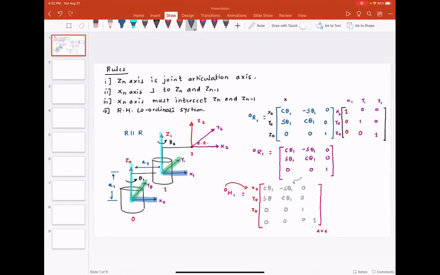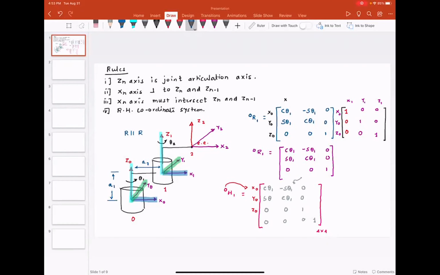Everyone understood this? Clearly, if I want to travel from frame 0 to frame 1, I need to go up by distance A1, and then I need to go right by distance A2. But I want position with respect to the 0th frame.